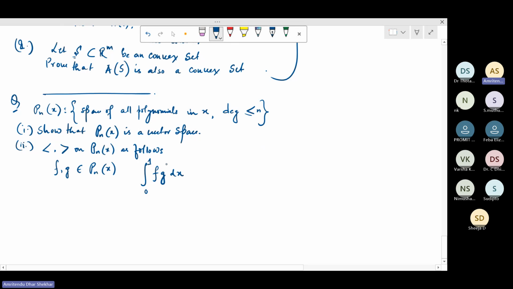Either 0 to 1 or you can take it minus 1 to plus 1. Show that this is a valid inner product.